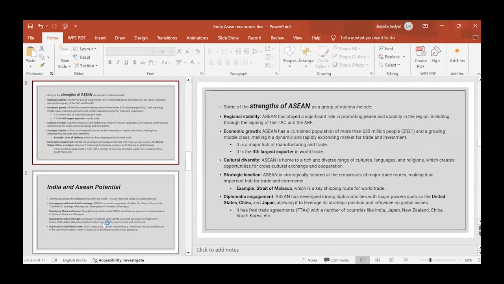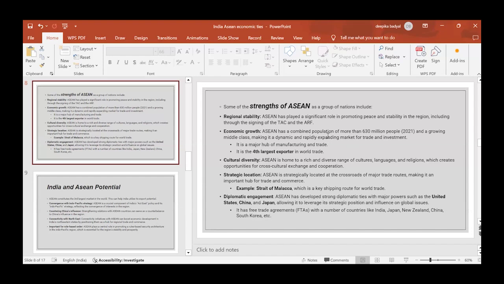Now, the strength of ASEAN as a group of nations includes what? Basically, regional stability is the most important. As we have all seen in the map, they are all neighbors, right? So it is essential for each of them to have peace and stability in the region. And economic growth obviously is one of the most important factors.